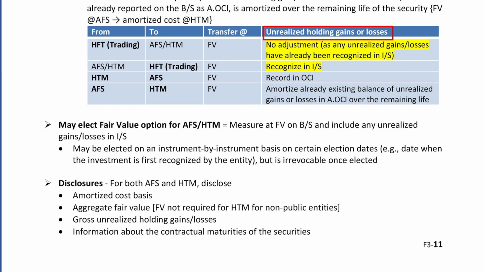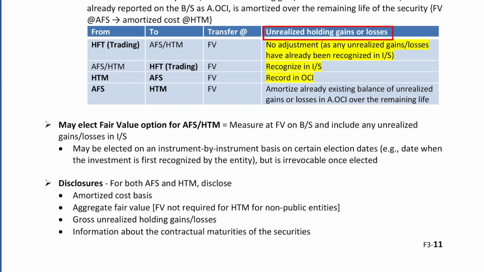The next couple of rows talk about transfers between available for sale and held to maturity categories. So if the transfer is from HTM to AFS, think about it. Basically, we're moving from amortized cost to fair value, and any unrealized gains or losses in that process is recorded in OCI on the comprehensive income statement, goes to accumulated OCI on the balance sheet.